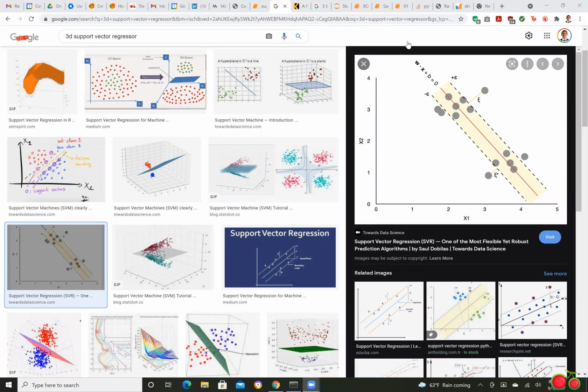That red line that you see in between is a support vector regressor. And the support vectors, which are the dashed lines in a regression problem, try to accommodate as many observations, as many points between the space that they have as possible, so that the line passing through the center has as little error as possible.